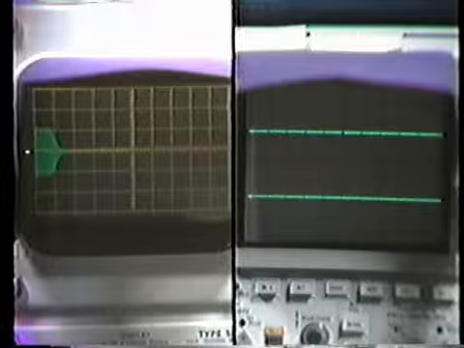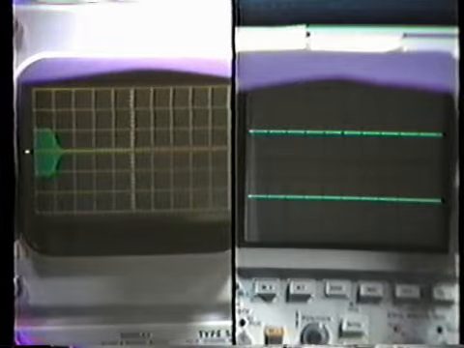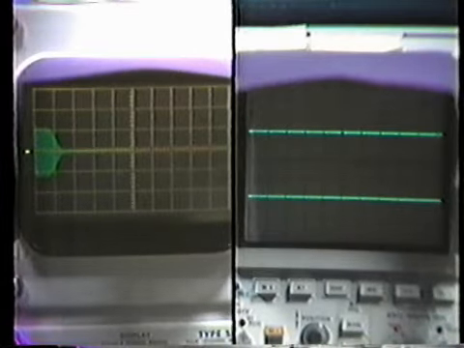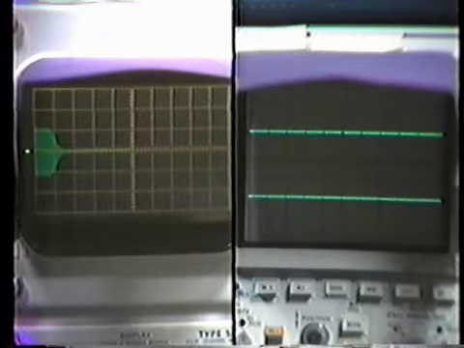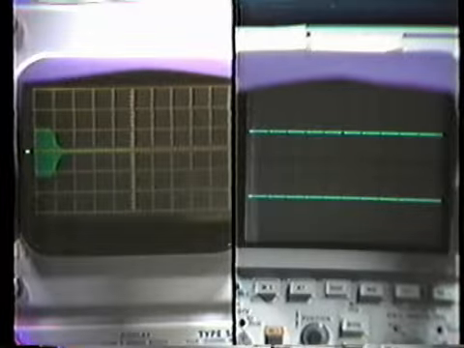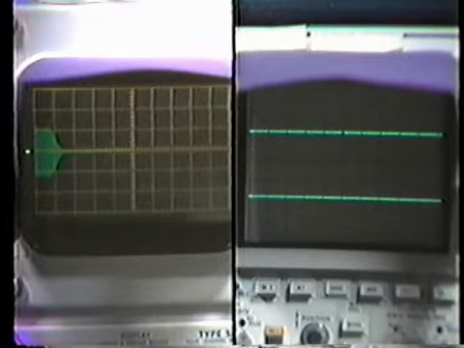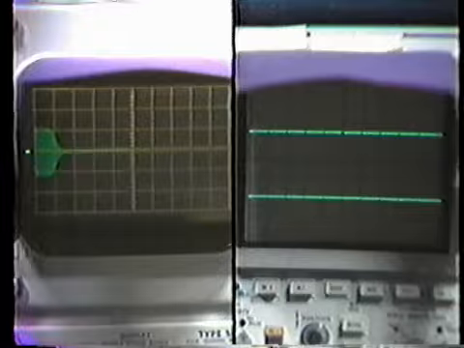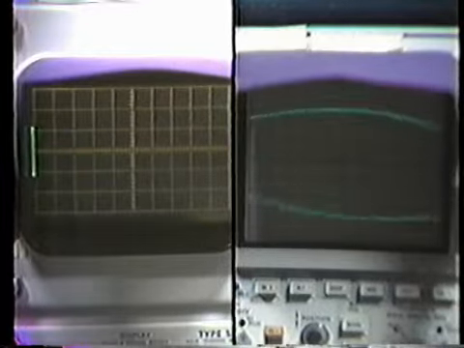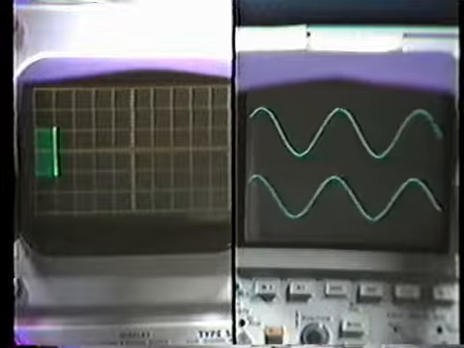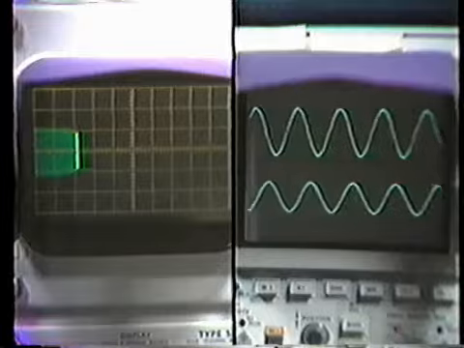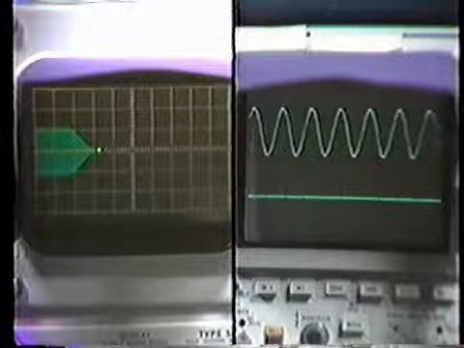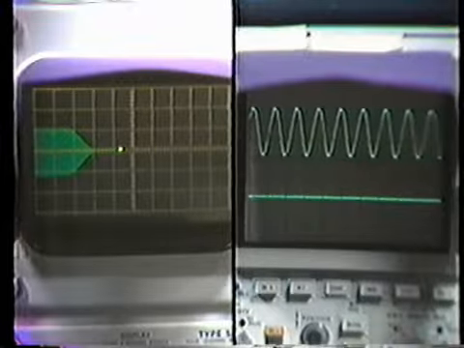Consequently, if we double the sampling frequency, we should double the effective filter passband width or double the filter cutoff frequency. And so let's do that now. Again, a 0 to 10 kilohertz sweep range, but a 40 kilohertz sampling frequency. And we should observe that the filter cutoff frequency has now doubled out to 4 kilohertz.